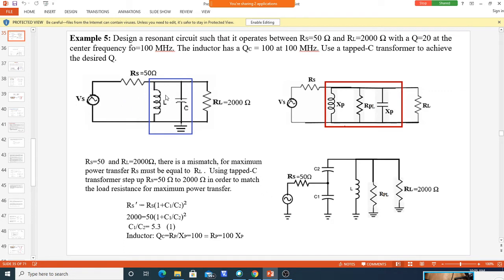To the entire circuit, the input resistance increases to a higher value. How much it increases depends upon the circuit and the components, the tapped C or tapped L inductor or capacitor values.